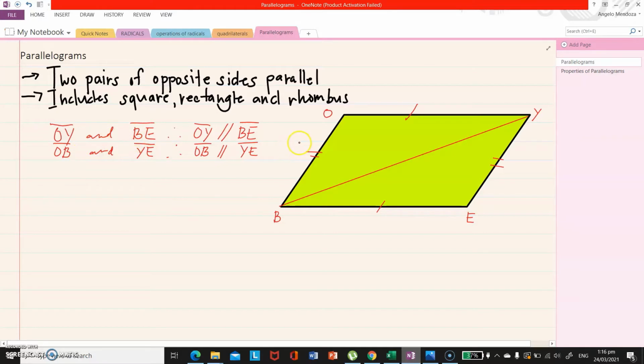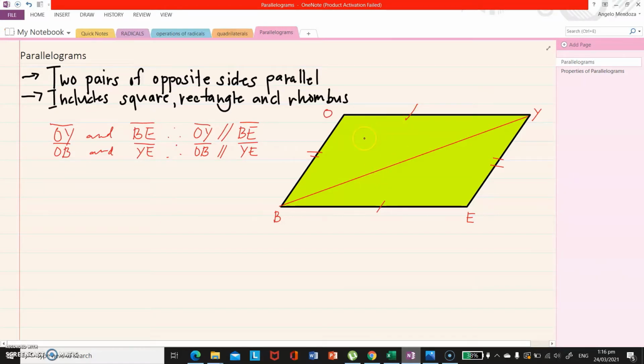Now, in terms naman ng measure, we can also say that these opposite sides are equal. So, later on, we're going to prove that in a parallelogram, once the opposite sides are parallel, that will be also congruent in terms of the segment measures.